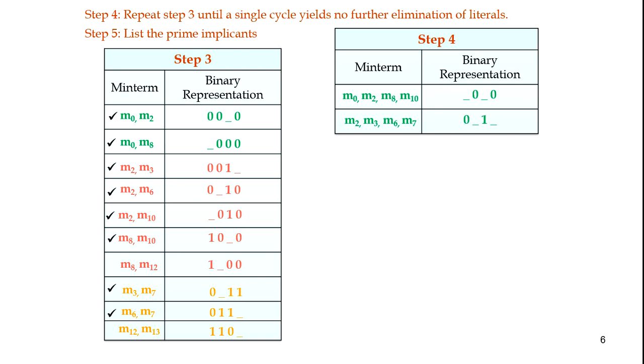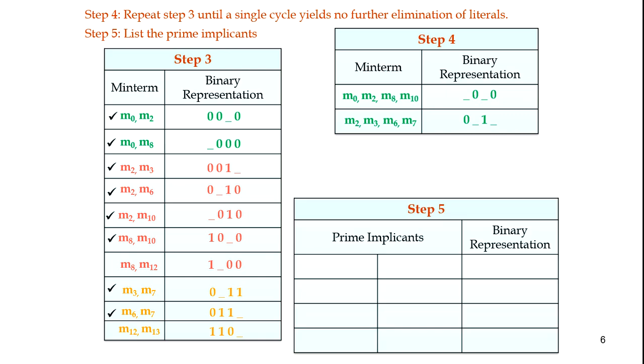So we have to list the prime implicants, which is step 5. Here we have to list the prime implicants. The prime implicant is nothing but the term which is not ticked in step 3. So we can take this, and we have to mention its variable representation and its binary representation, and this one M12 M13, here it is with its corresponding terms.